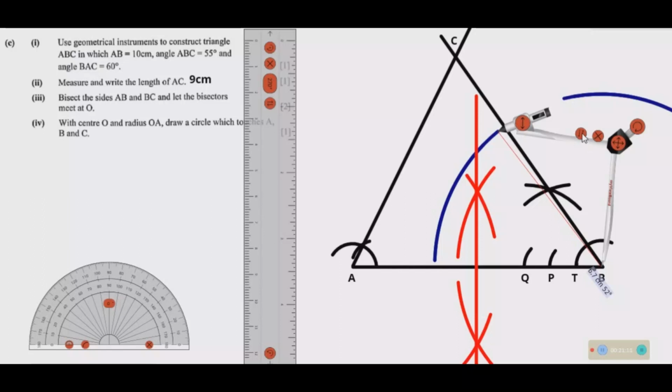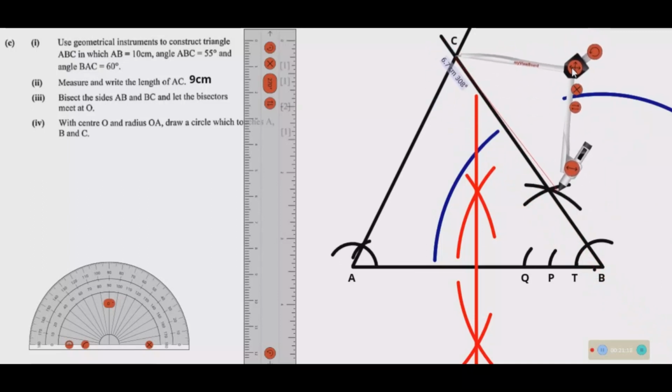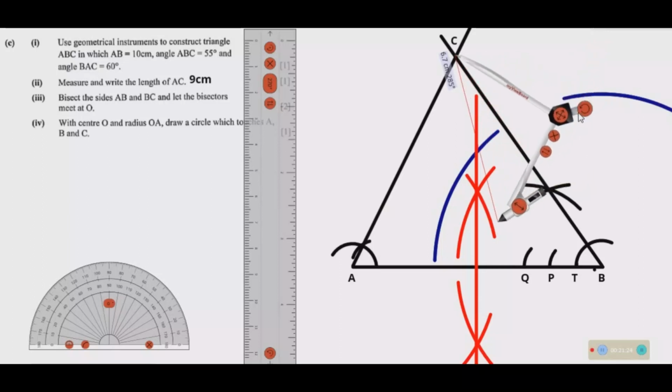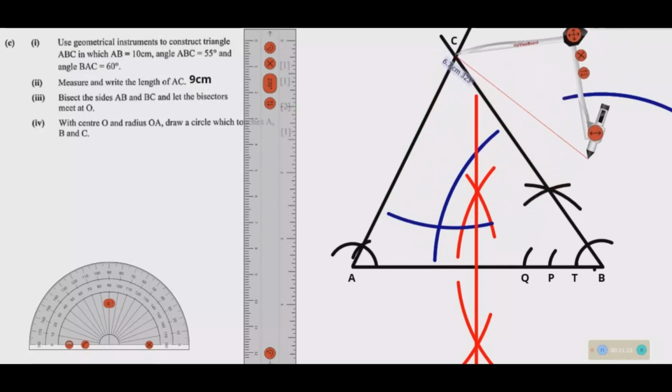Then we change the points. We are on B, now we go on C. We put it on C there. Then we construct an arc, sorry, not really the line, and then again there we construct the arc. I hope you are following me like that.